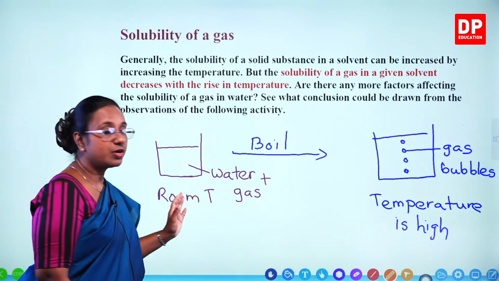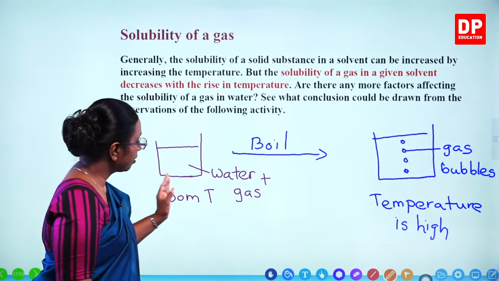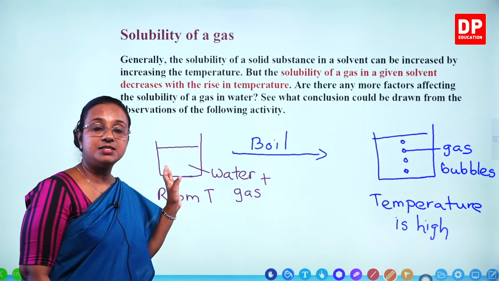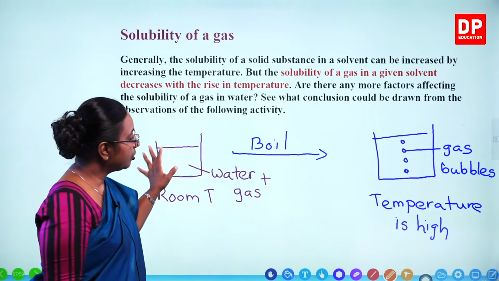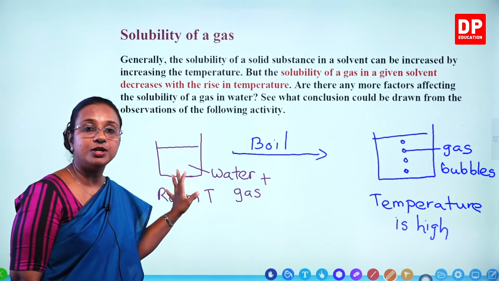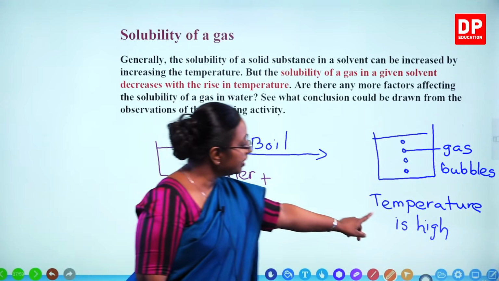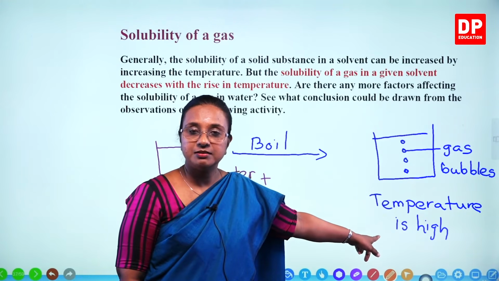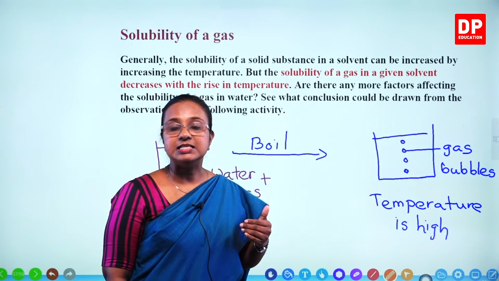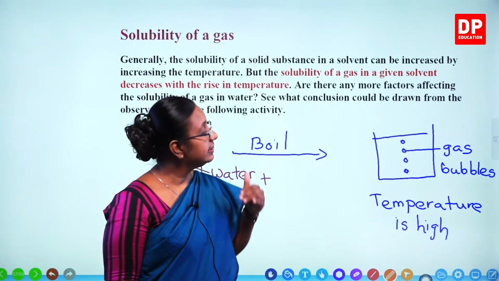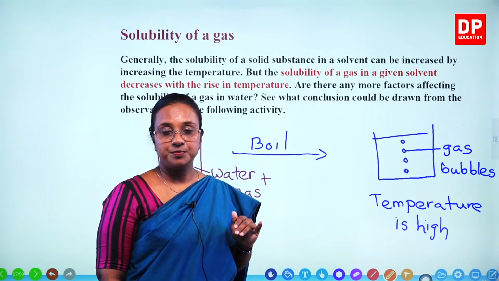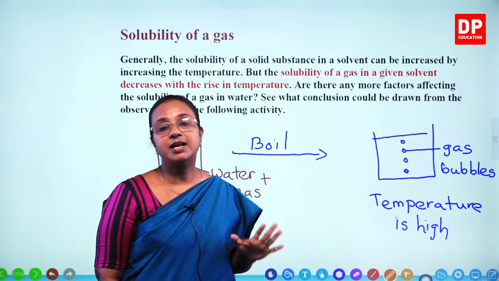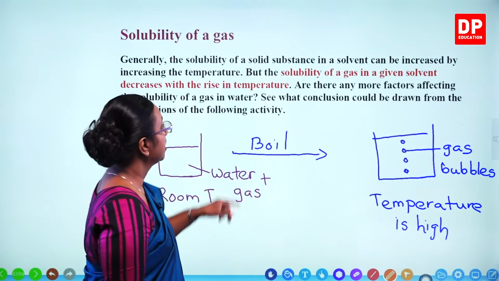Here the temperature was less. The gas dissolved in water. You could not see the gas separately from water. So solubility is high at low temperature. But when we boil water, temperature increases, solubility decreases. Therefore, you can see the gas bubbles evolving. So this is something that you have to remember, students.